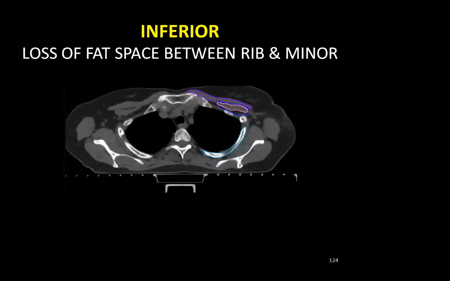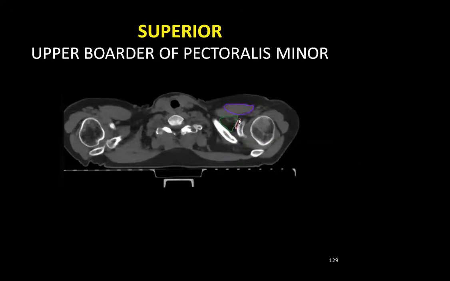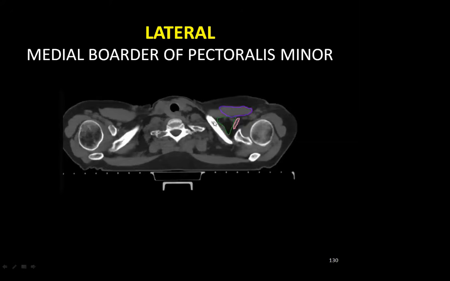Then let's contour level 3. For level 3, again the same table; you can go through this and follow either the vessel guideline or the musculature guideline. It is medial to the pectoralis minor muscle, posterior to the pectoralis major muscle. Superiorly is the origin of the pectoralis minor muscle. Laterally is the medial margin of the pectoralis minor muscle.